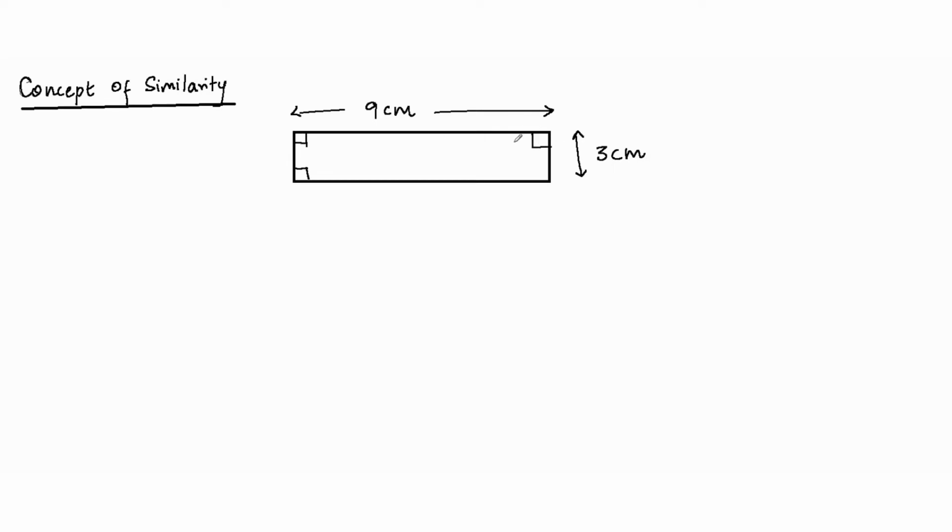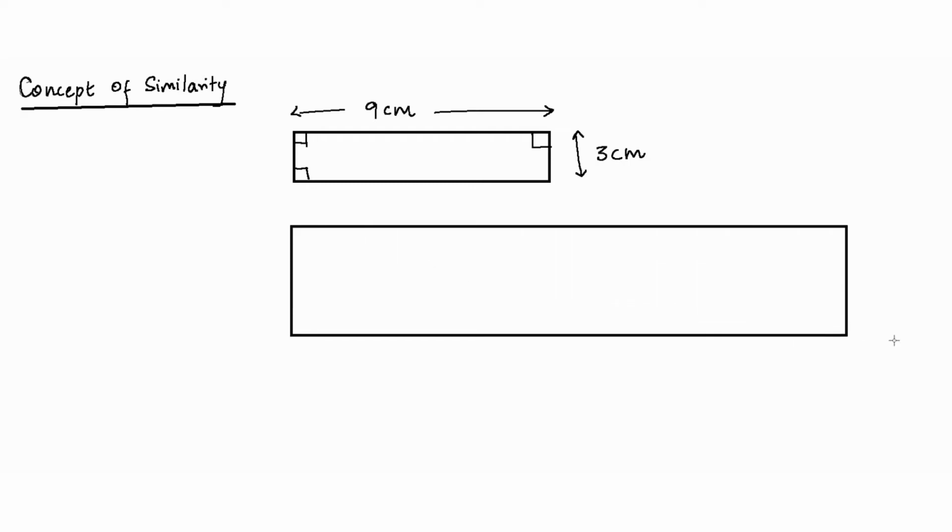So assume that I'm going to zoom in on this particular duster. When I say zoom in, I'm going to take a photograph such that each side of the duster becomes twice. So this is, say, a zoom of 2x.